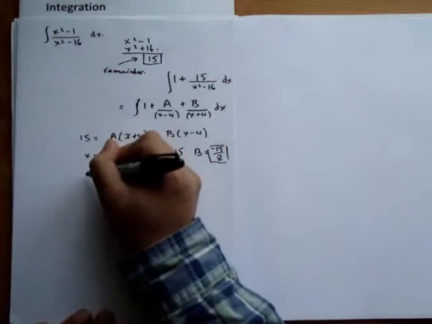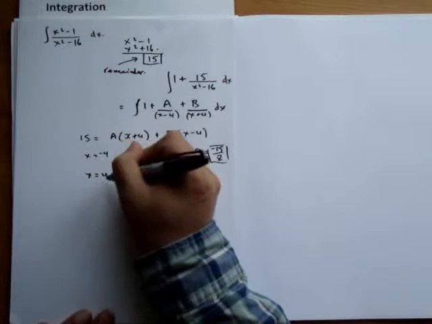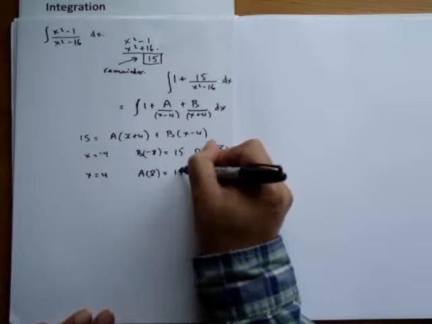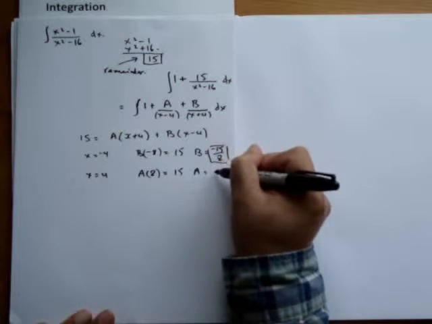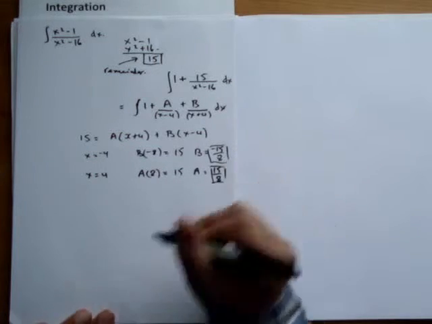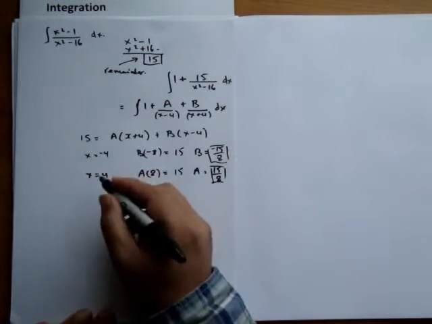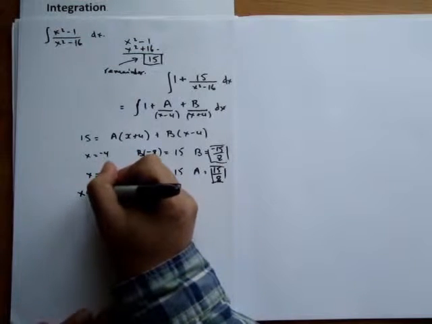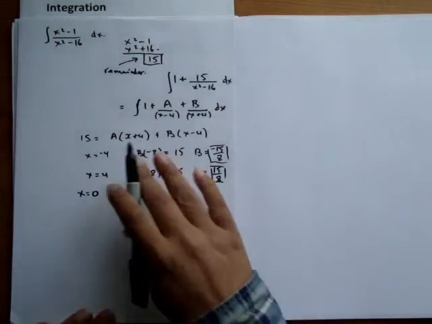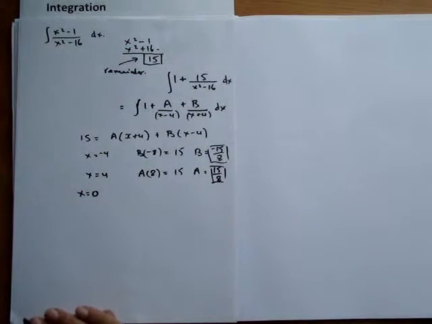Then if we have x equals 4, a times 8 equals 15, and a equals 15 over 8. Sometimes it's useful to use x equals 0 as well, and that will get rid of a certain number of factors, and then we can work out the unknown factor.